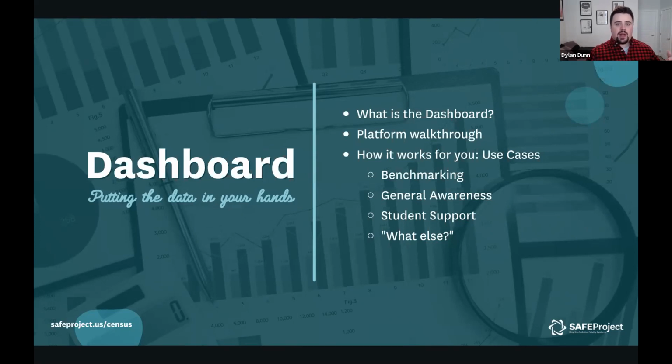So if you wanted to do a survey about what exists in the state of Nevada, you could go into the dashboard and limit the data down to just that state, and that could save time on a survey or a research project. You don't have to over-survey people to get the same data, or it could even help us not have to ask certain questions, to keep surveys shorter.